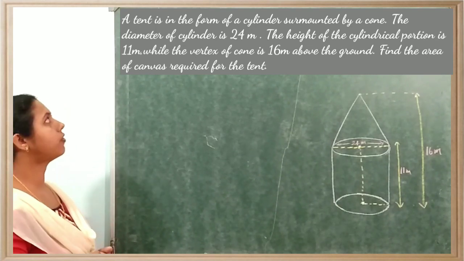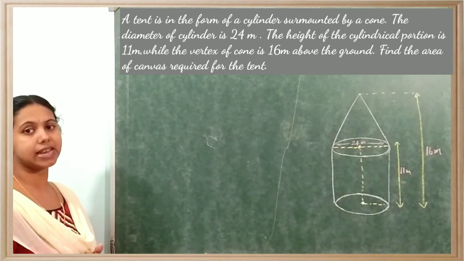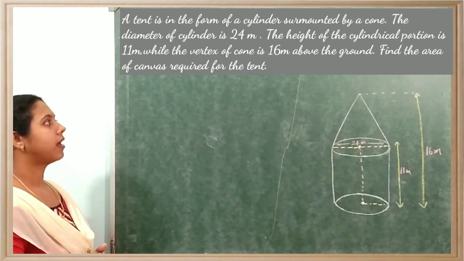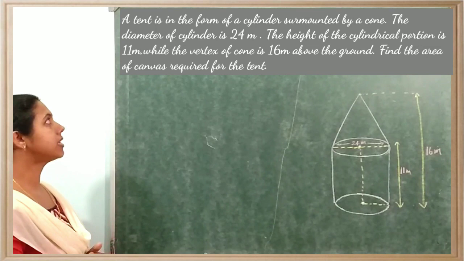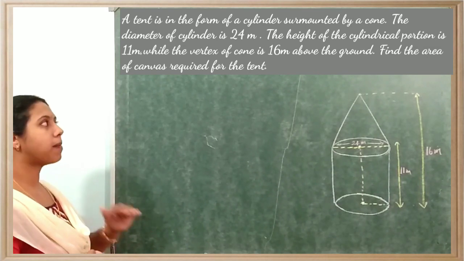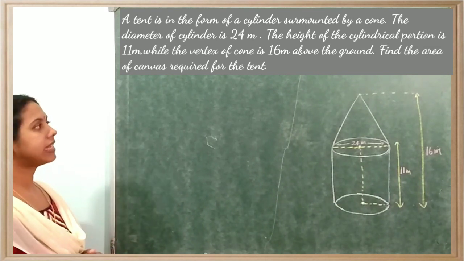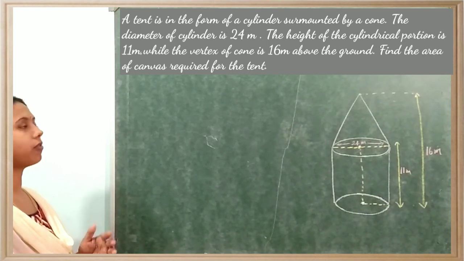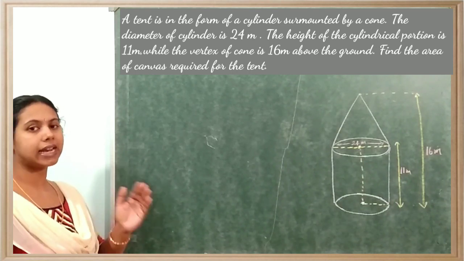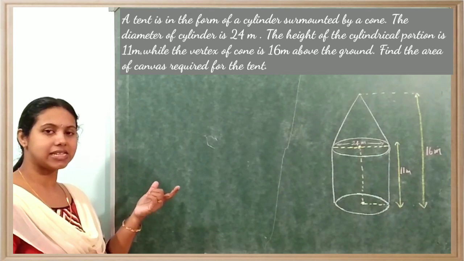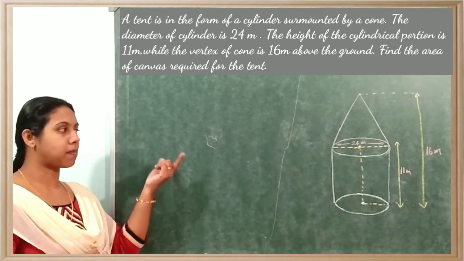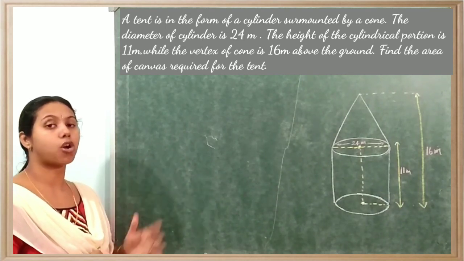The height of the cylindrical portion is 11 meter, while the vertex of the cone is 16 meter above the ground. Find the area of canvas required for the tent. So the tent is in the shape of a cylinder surmounted by a cone.